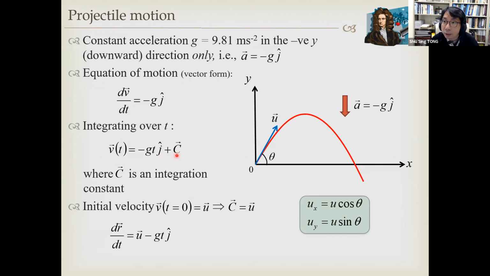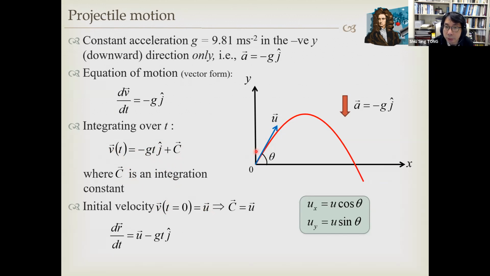And do not forget, I have an integration constant c, but that is a vector because this is a vector equation. So c, the integration constant, is now a vector. Now I input the initial condition. The initial condition is such that at time 0, where this term vanishes, the velocity v is equal to the initial velocity u.